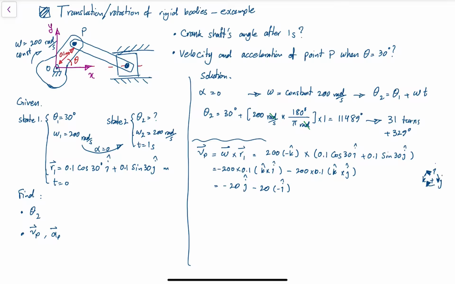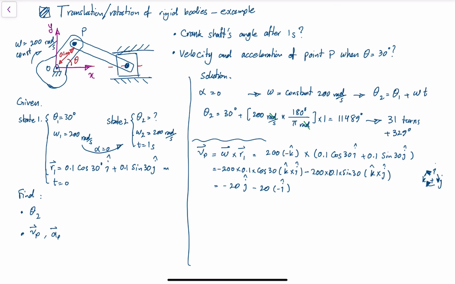And this might, oops, where were the sines and cosines? They disappeared. Wait a second. So minus 20 cosine 30 k cross i minus 20 sine 30 k cross j.